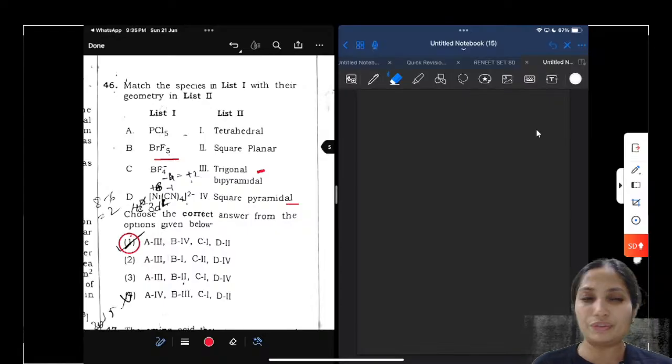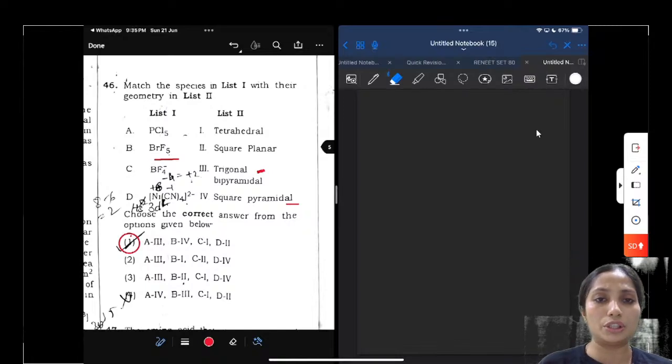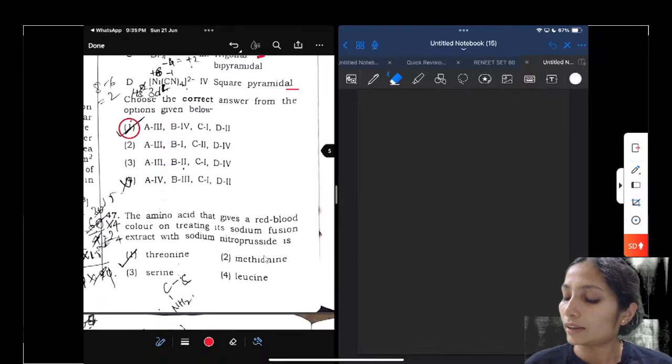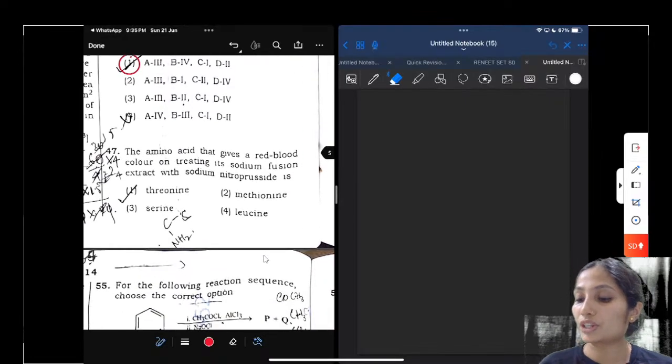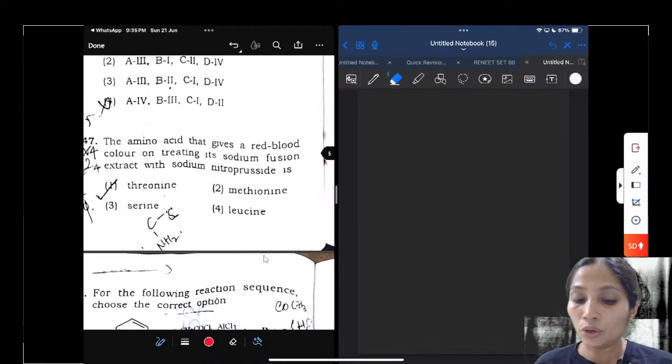Okay, so if you know how to solve it already, if you got the answer, then no need to check other options. Directly go for the next question.